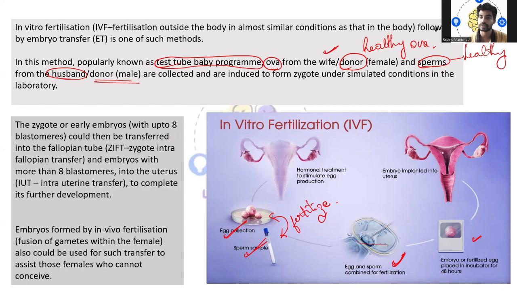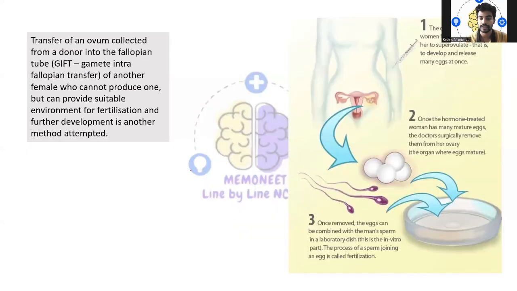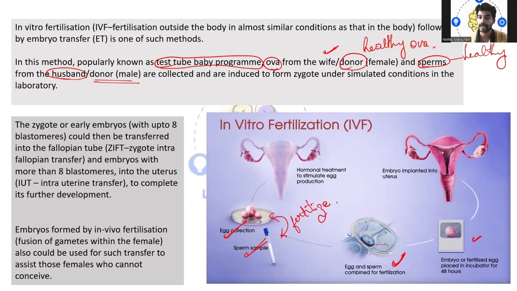Once the zygote is there, it is inserted back. Where is it inserted? It is inserted into the mother's uterus for implantation.